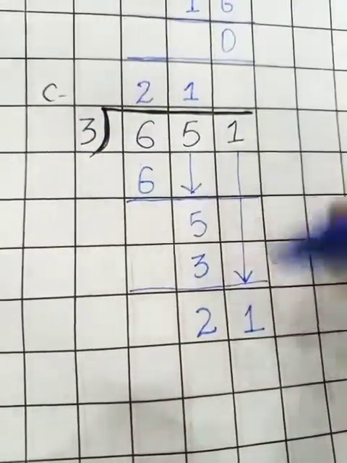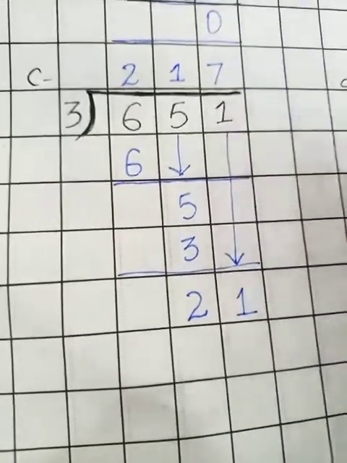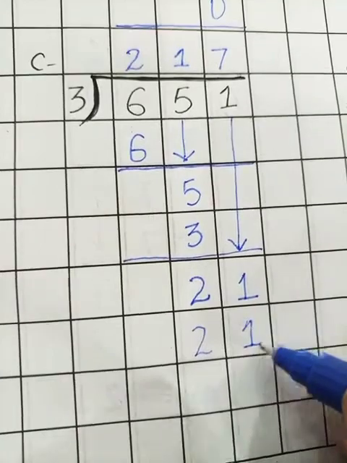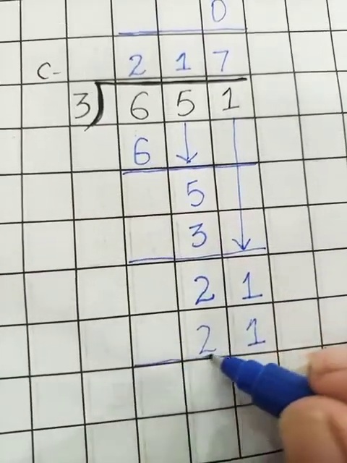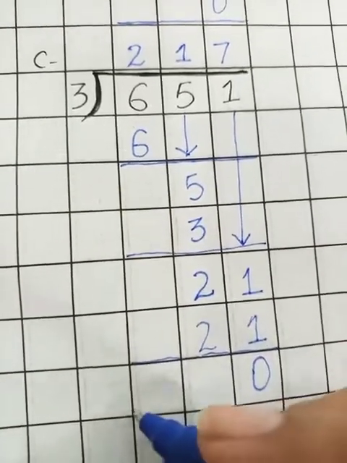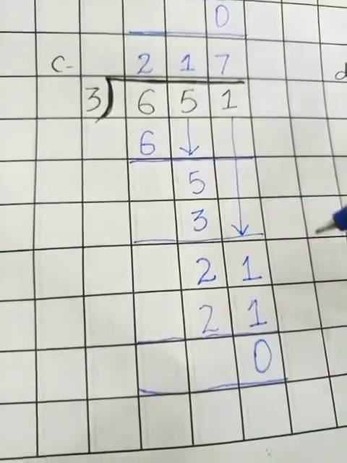Yes, we get the number 21 in the table of 3 by 3 sevens are 21. Now students, the next step is subtraction, and in the subtraction we are left with the remainder 0. Now students, what is the quotient of this question?